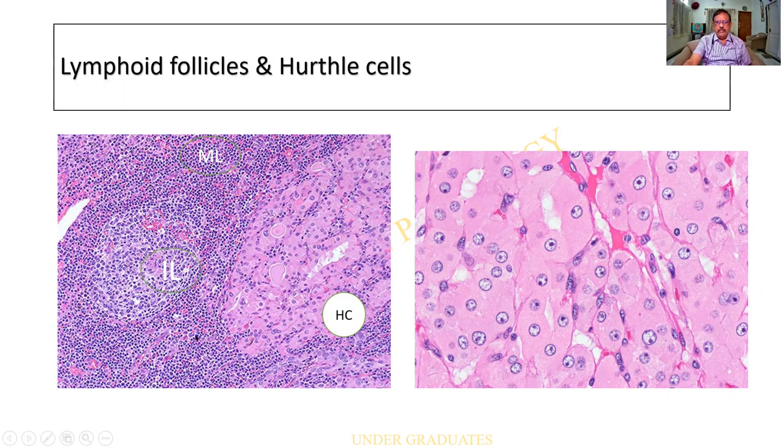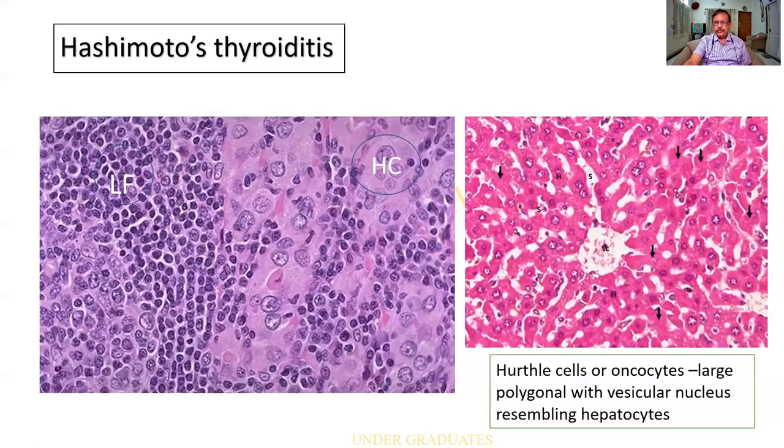This together is a lymphoid follicle, and this is the HASH cell. At this magnification, I can only appreciate that the cells are larger and there is scanty colloid. But coming over here, they are large, polygonal, with vesicular nucleus and abundant eosinophilic cytoplasm. That will be the picture of a HASH cell.